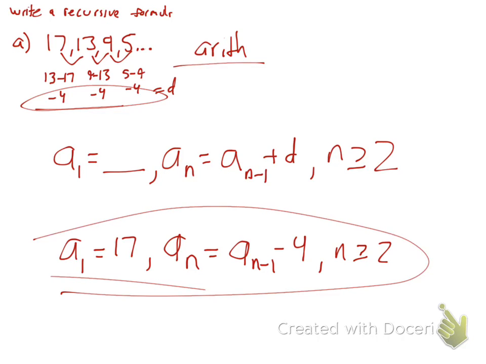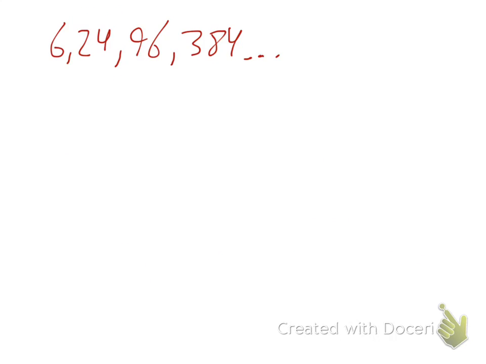Cool. Okay, guys, the next sequence, we've got to do the same thing. Is this geometric or is this arithmetic? It seems like it's getting larger pretty fast, right? So what we're going to do here is write the ratio. It's always the second number divided by the number before it.